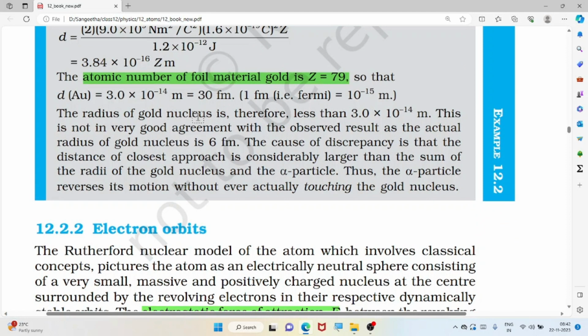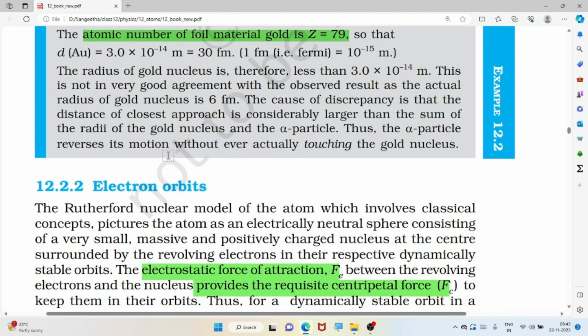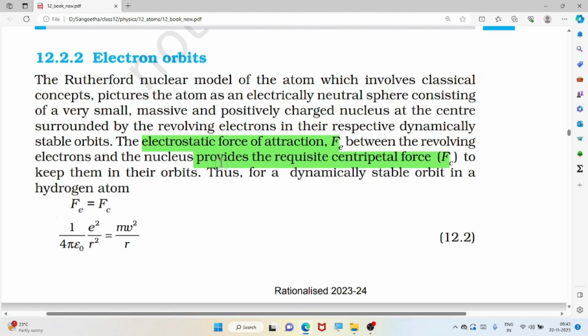The radius of the gold nucleus is therefore less than this, which is not in very good agreement with the observed result, and the actual radius of the gold nucleus is 6. Thus the alpha particle reverses its motion without ever actually touching the gold nucleus.